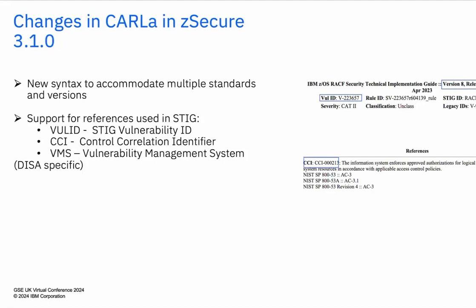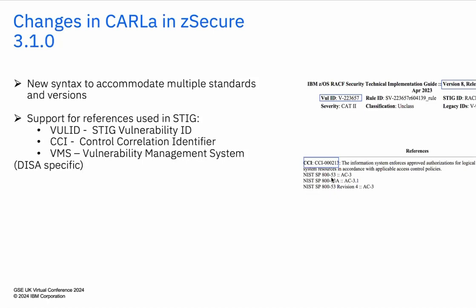So we added new syntax to accommodate multiple versions, so that you can have STIG versions 8.10, 8.11, 8.12, and so on. I will show you later in the presentation how you can do that. And we have added references, taken directly from the STIG, for the vulnerability IDs and for the CCI number, which correlates directly to NIST.